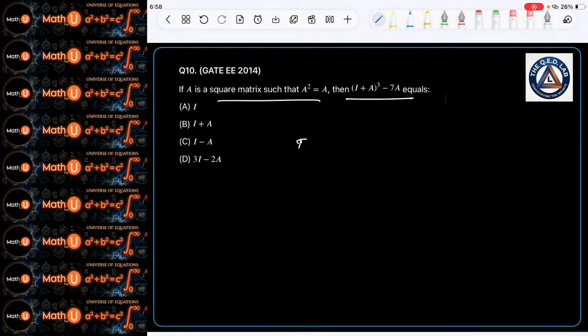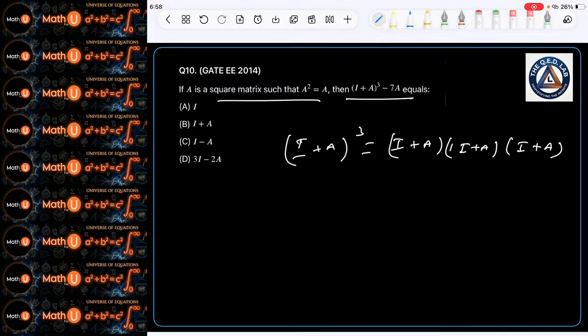I plus A cube can be written as I plus A into I plus A into I plus A. First simplify these two. What value do we get?